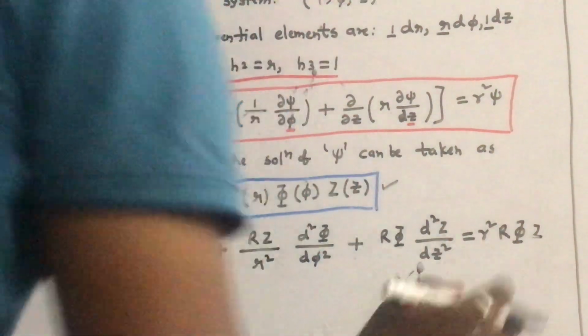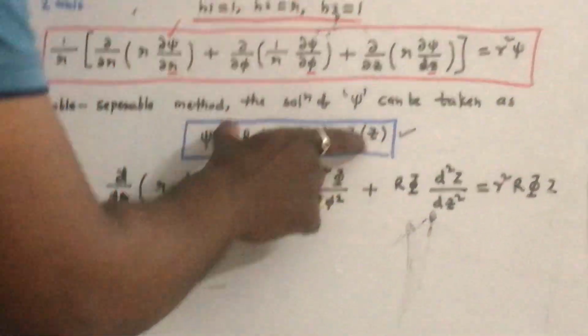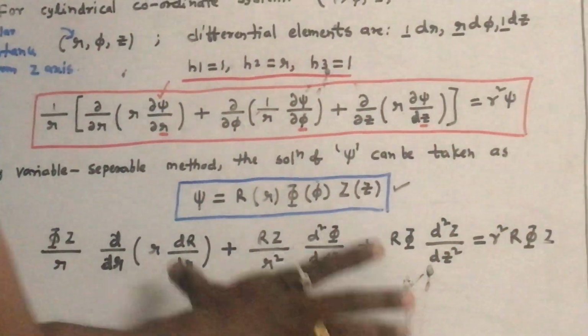Substitute psi here, R Phi Z. After substituting this solution in this equation, we will get this one.